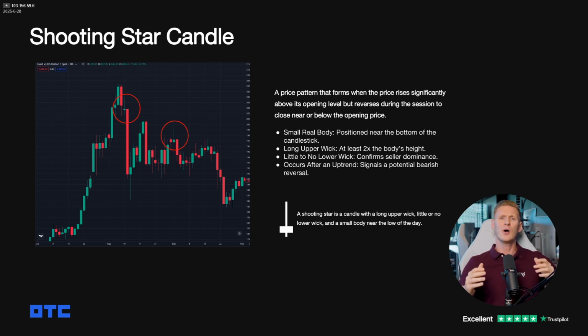What does this mean? Early in the session, buyers were in control, but by the close, sellers had regained dominance, rejecting higher prices. This weakening momentum suggests a potential bearish reversal. Let's head to the charts to go over some real-life examples of both hammer and shooting star candles.